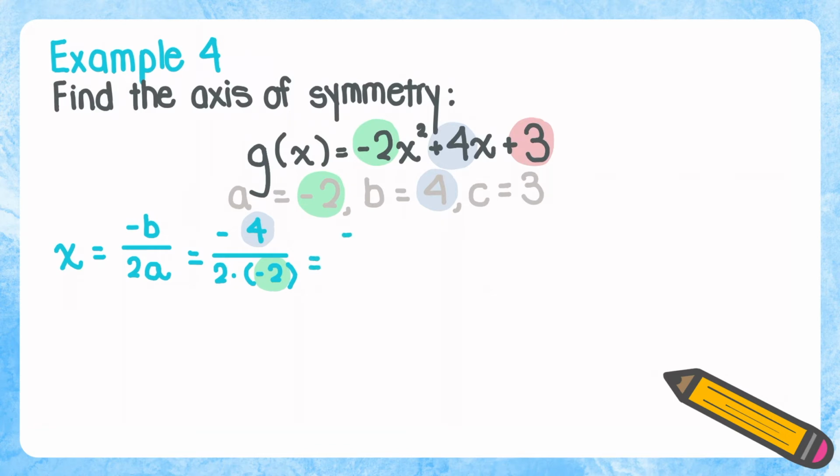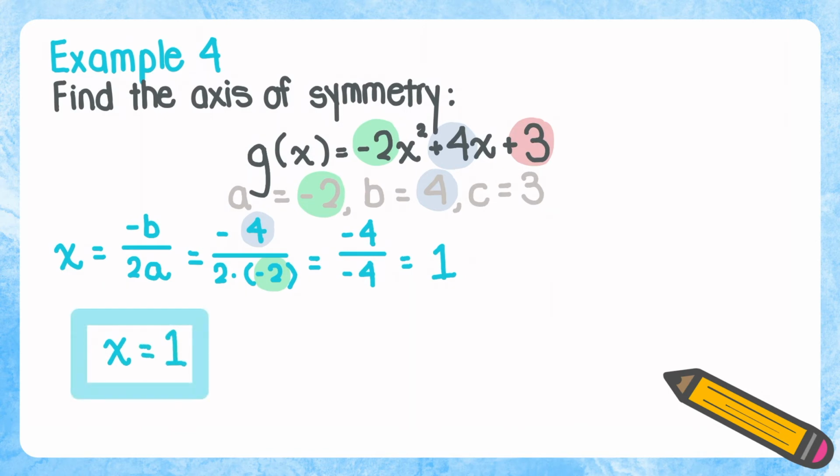So let's see. Negative 4 stays the same over 2 times negative 2 is going to be negative 4. And negative 4 divided by negative 4 is positive 1. So our final answer is x equals 1.